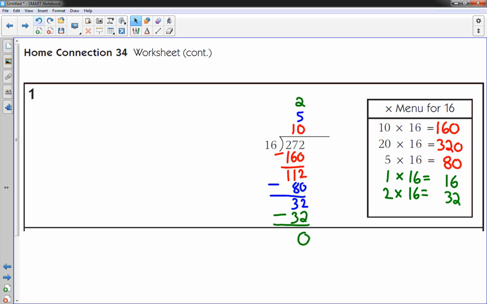Now, I'm not quite done yet. At the top, what I want to do is combine these numbers up here into one answer. So all together, it's 17. My answer to 272 divided by 16 is 17. That is my final answer right there.